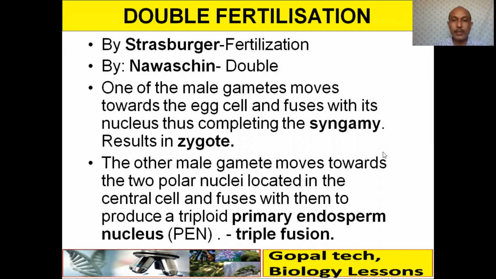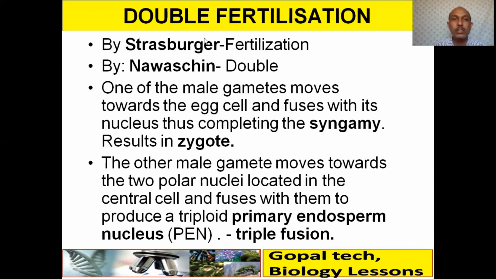Then the other male gamete moves towards the two polar nuclei located in the central cell and fuses with them to produce the triploid primary endosperm nucleus, PEN, and that is called triple fusion. So in the same embryo sac two fusions take place. One is formation of zygote, one is triple fusion, that is endosperm.